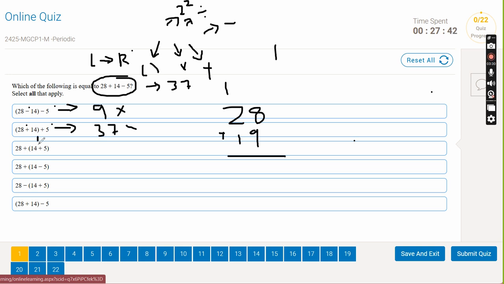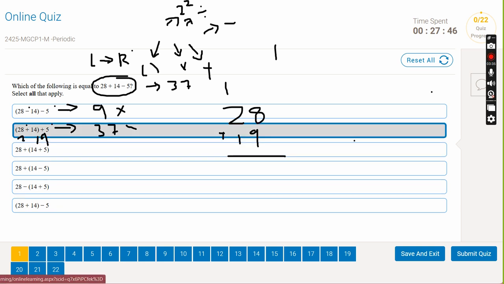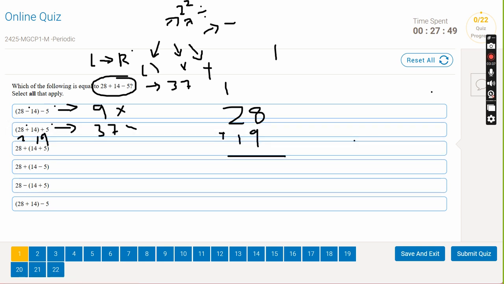Remember, 14 plus 5 is 19. So now you're getting 28 plus 19. Now you can go from left to right. 8 plus 9 is 17, 7 at the bottom, 1 up, 2, 3, 4, 47. The same for the above as well. So this is not the answer, this is not the answer.